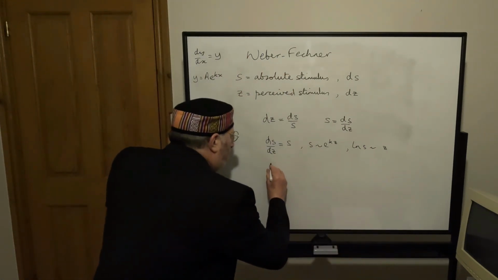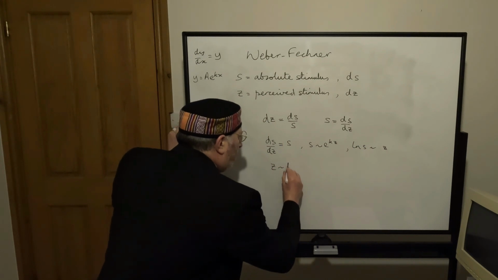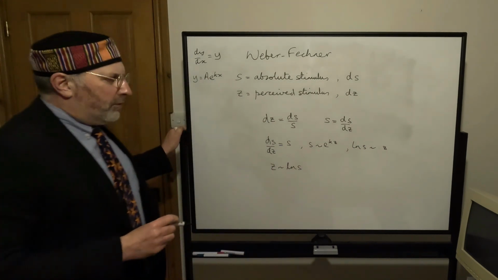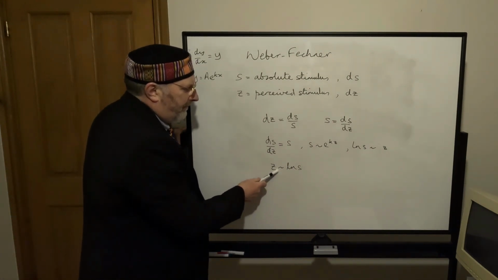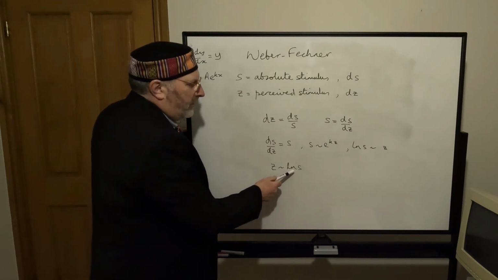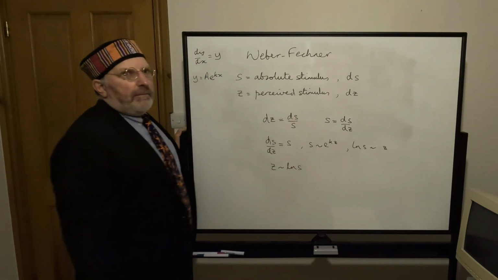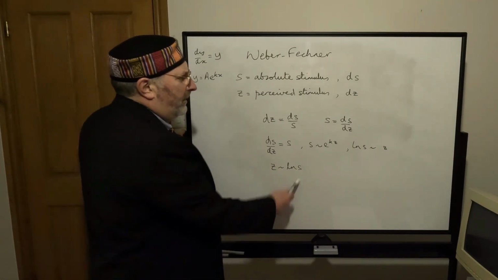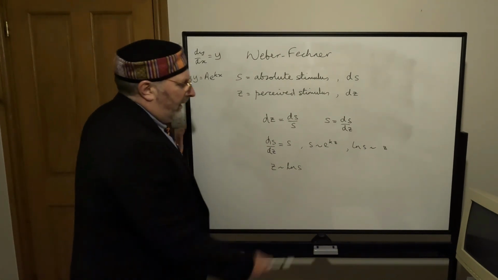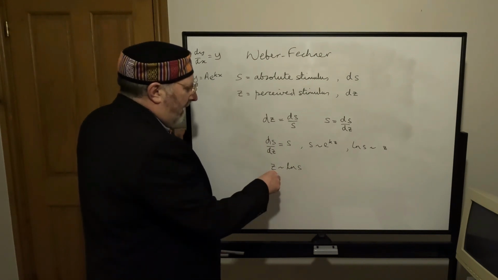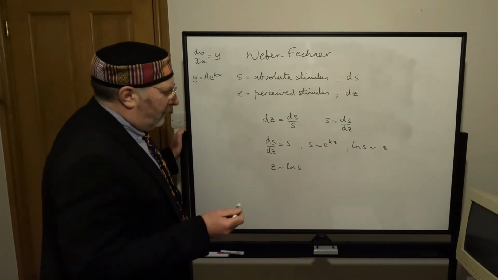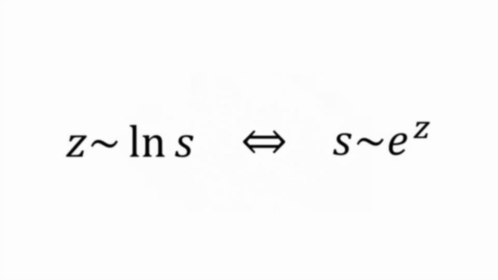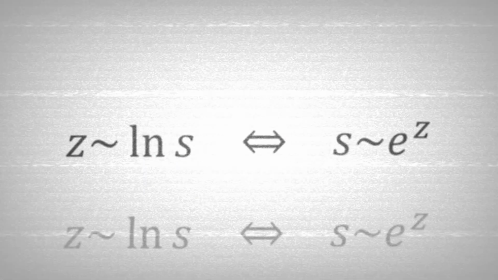So z is proportional to log S. In other words, the perceived stimulus is proportional to the logarithm of the absolute stimulus. The absolute stimulus is the number of candles, and the perception is of how much extra light that feels like. So if z is proportional to the logarithm of S, S is proportional to e to the z, implying an exponential law.